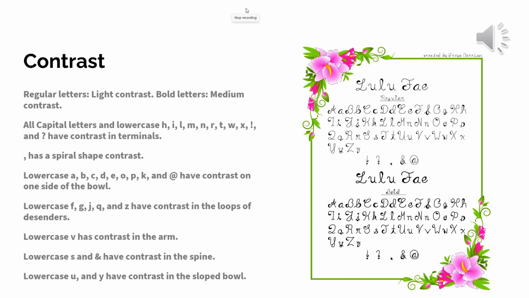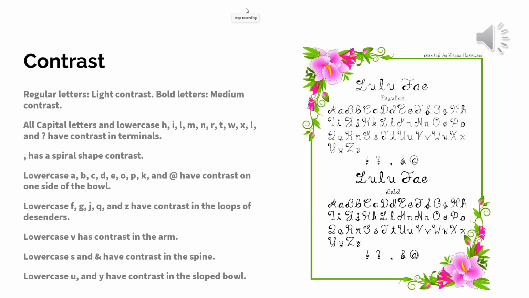All my capital letters and my lowercase h, i, l, m, n, r, t, w, x, the exclamation point, and the question mark have contrast in their terminals. The comma has a spiral-shaped contrast, so there's a spiral of positive and negative space.